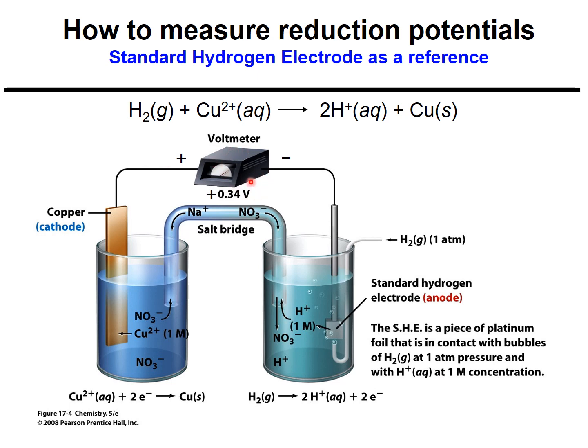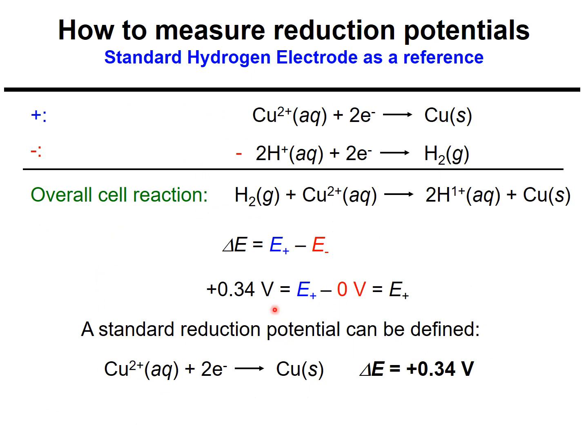And what is the reduction potential of copper versus the standard hydrogen electrode? The potential difference of the previous cell is delta E. This is the reading value of the voltmeter. It is equal to the reduction potential on the positive pole minus the reduction potential on the negative pole.